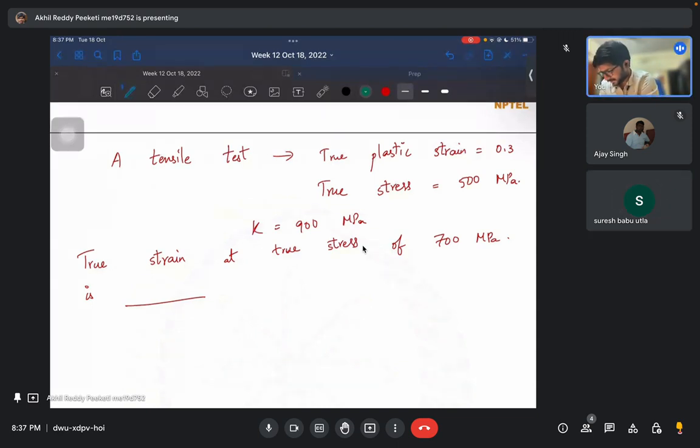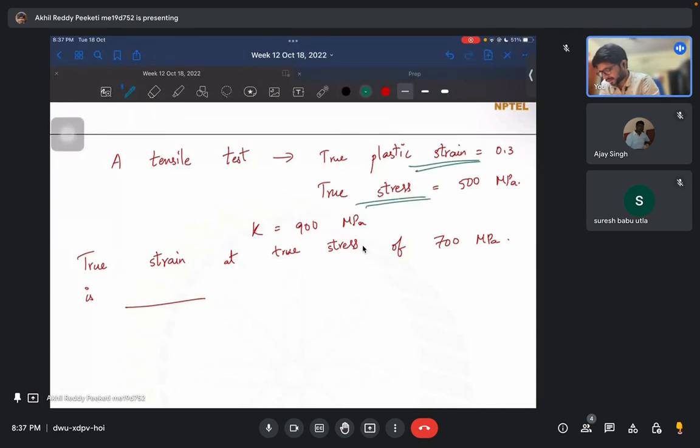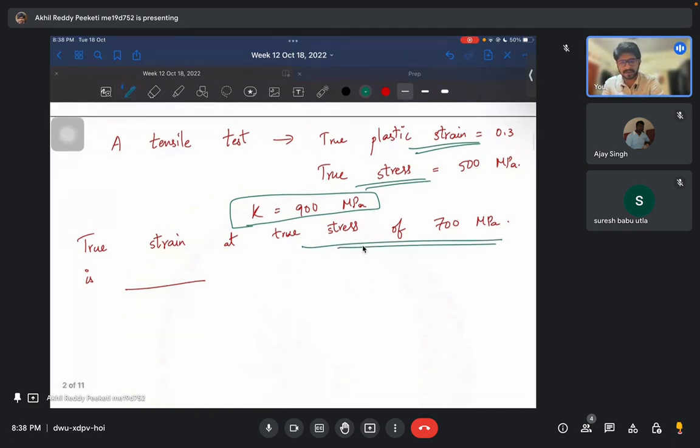Okay, so let's see the first question. It's given directly the true plastic strain and true stress, and we're also given the constant in the exponential law. We are supposed to calculate what the true strain is if the true stress is changed. Can one of you tell me where to start?